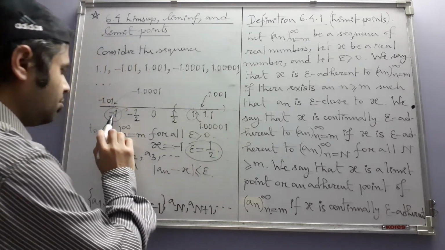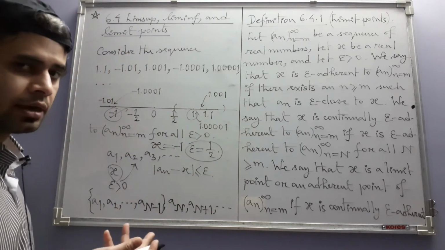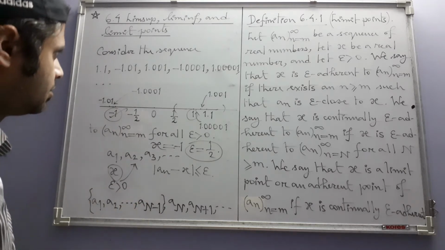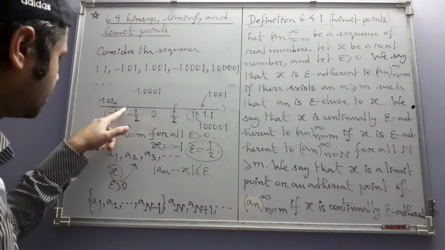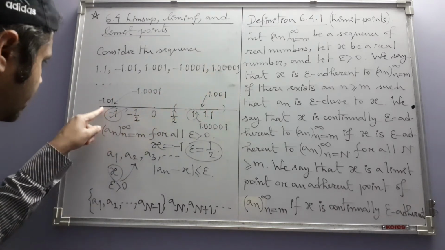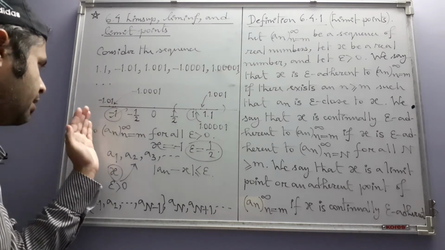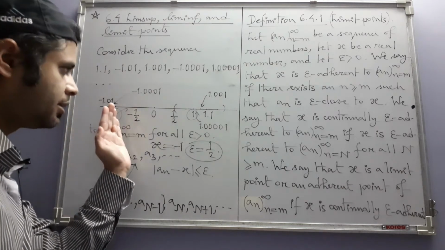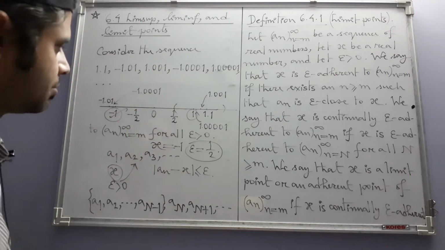In fact, -1 is continually 1/2 adherent. Why? Because if you look at the negative terms of this sequence, the negative terms start here -1.01, and actually the negative terms are getting closer and closer to -1.